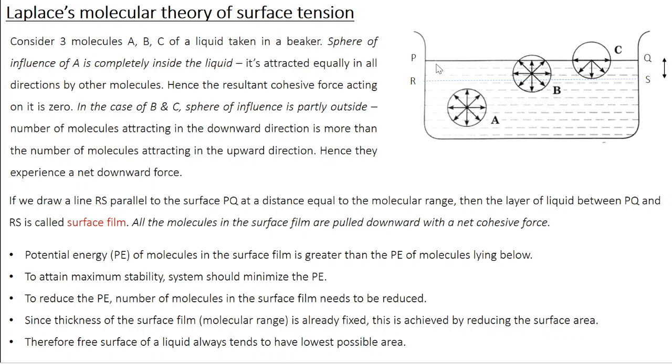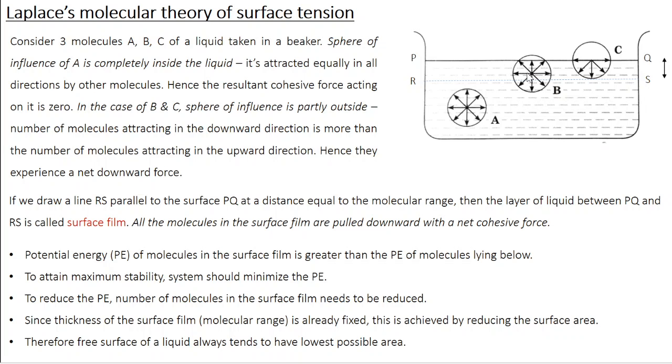So all the molecules near to the surface of a liquid experience a net downward force. Now, if you take the surface of the liquid as line PQ, and if I draw a line RS parallel to the surface line PQ at a distance which is equal to the molecular range, then the layer of liquid between PQ and RS is known as the surface film.